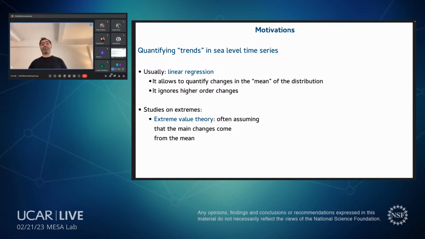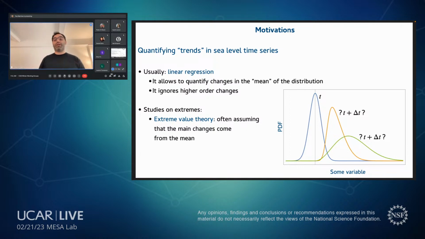We do so, therefore, by ignoring higher order changes in the distributions. However, to better understand climate change and climate variability, it is useful to actually understand the full probability distribution, as climate change may impact variance, asymmetries, and tails of the distribution too. Next.